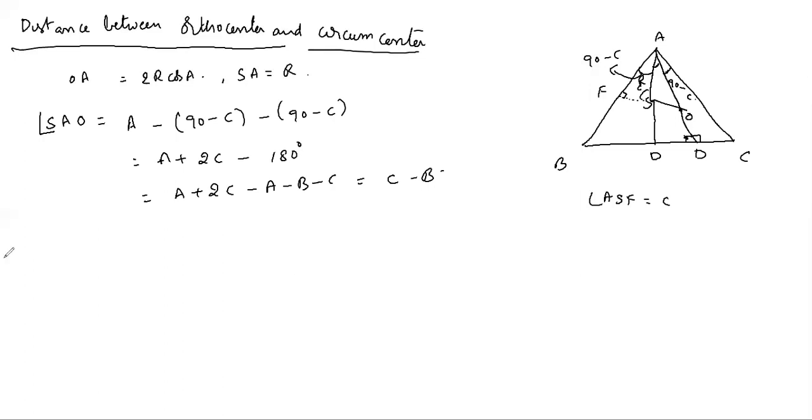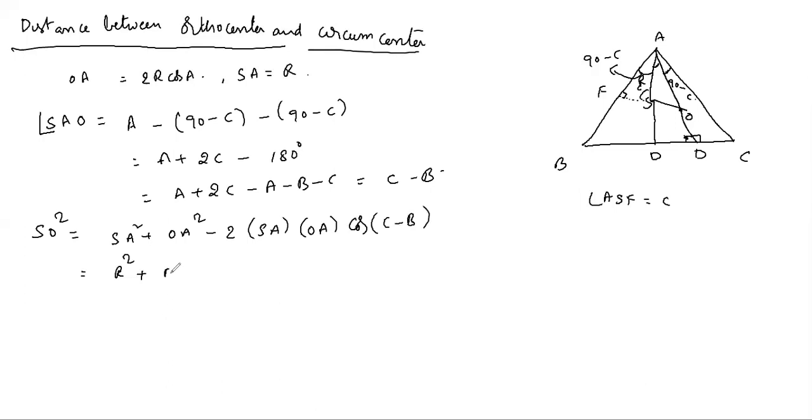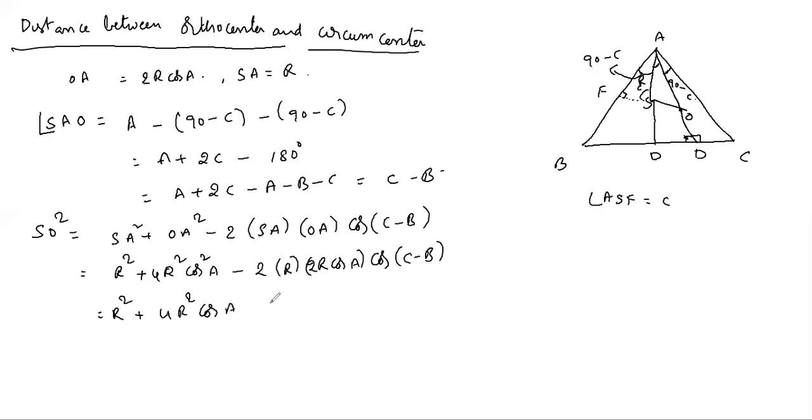Now we have to find SO square. By the cosine rule, SO square equals SA square plus OA square minus 2 into SA into OA into cos of the angle C minus B. So SA square is R square, plus OA square is (2R cos A) whole square, so 4R square cos square A, minus 2 into R into 2R cos A into cos of B minus C. So R square plus 4R square cos A common, and cos A minus cos of B minus C, since C minus B and B minus C are the same.